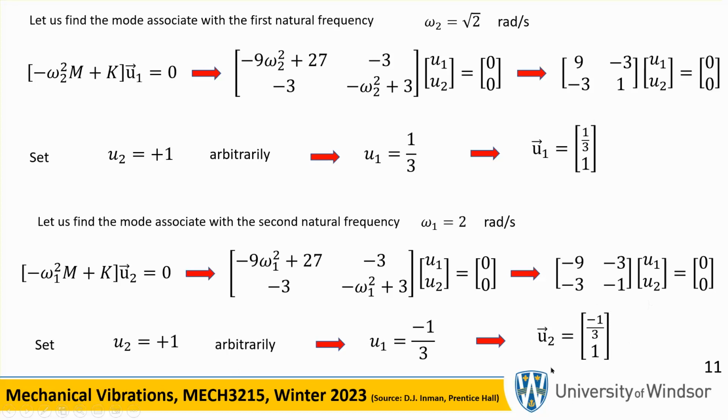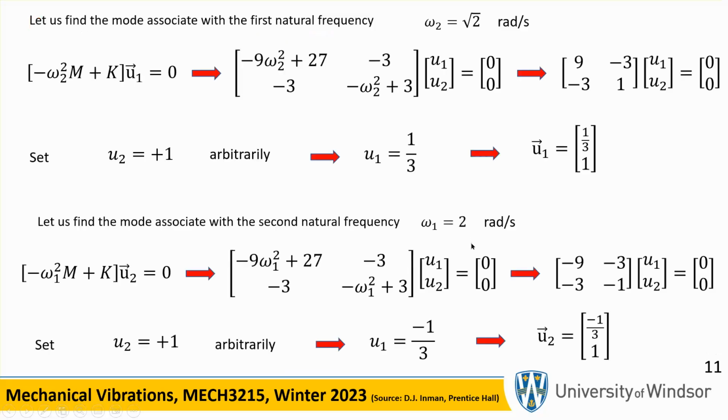First mode, second mode. Okay? This goes with root 2. This goes with 2. Just keep that in mind. Now, what do I mean by orthogonality? Notice that I found a u1 and u2. If you find the dot product of these two, you don't get 0.